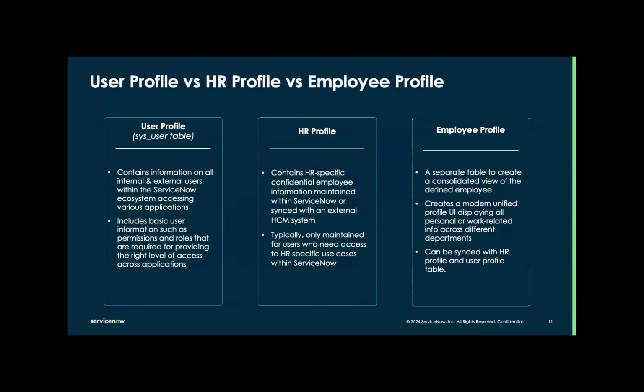It can be synced with both the HR profile table and the user profile table. So it could be used to access HR-specific information from the HR profile table, like employment details, right? And it could also incorporate some additional fields like your line relationships, the short bio of the user, or the pronouns of the user.